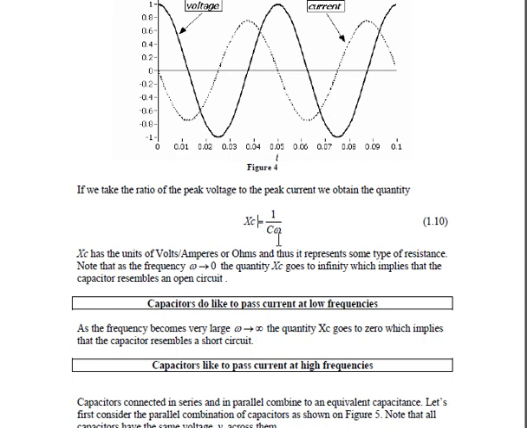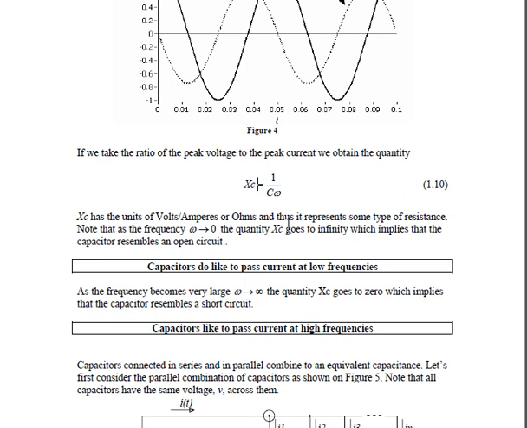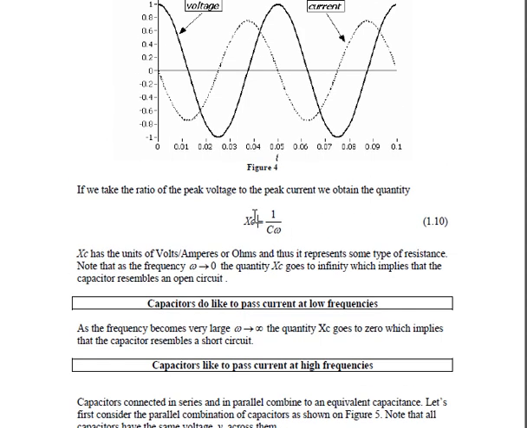So we have 1 over C omega, where omega is the angular frequency, and usually it is equal to 2 pi multiplied by the frequency. Be familiar with that one. This equation is always used when it comes to solving a circuit that involves AC.